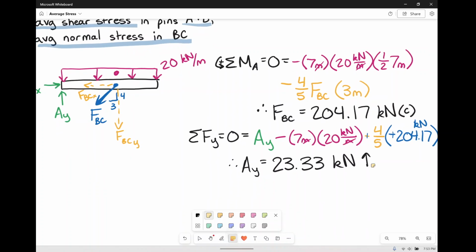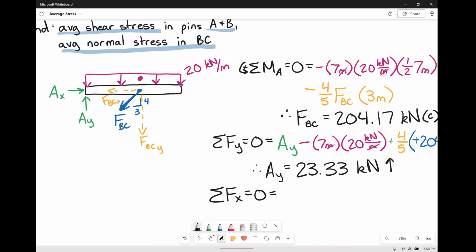All right, now we're going to sum the forces in the x direction and set it equal to 0. In the x direction, we have AX, and we have the horizontal component of FBC. The horizontal component, in the direction that I drew it, is the negative direction, according to my arrows. And the horizontal component is 3/5 of FBC, but FBC we said was negative 204.17 kilonewtons.